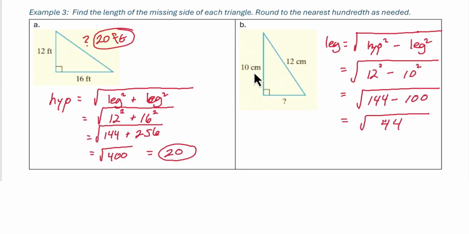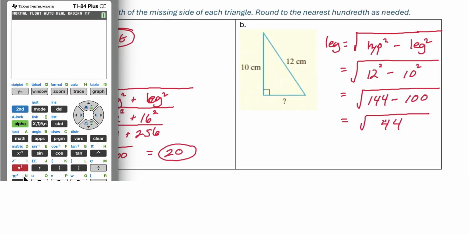We now have the square root of 44. We'll have to use the calculator to approximate this one. The square root of 44 is 6.633249, and we can stop there.